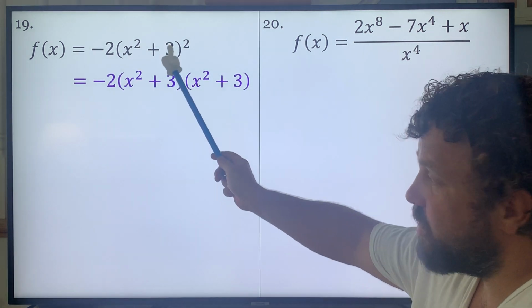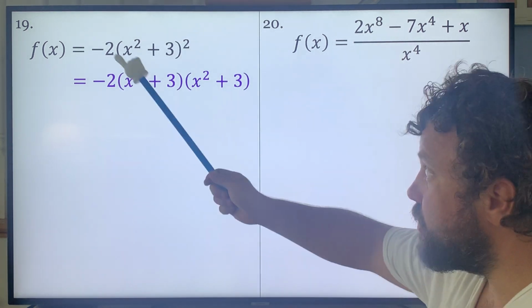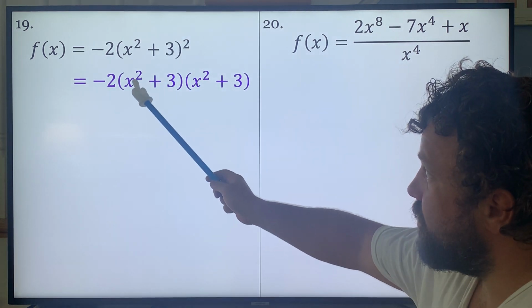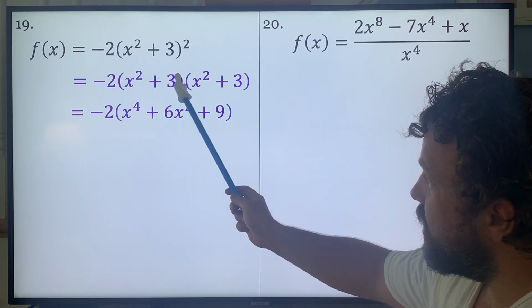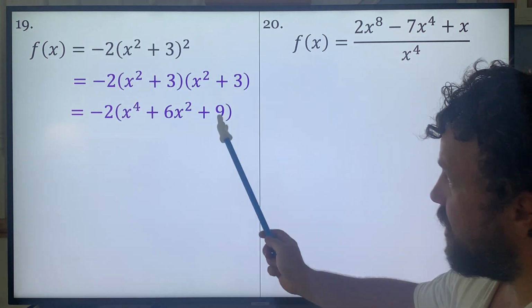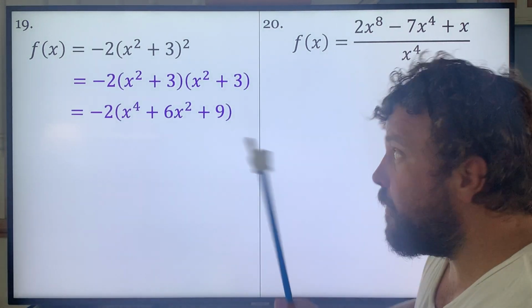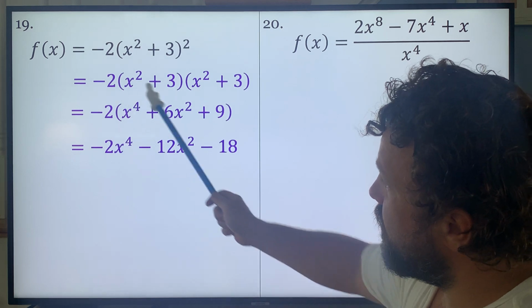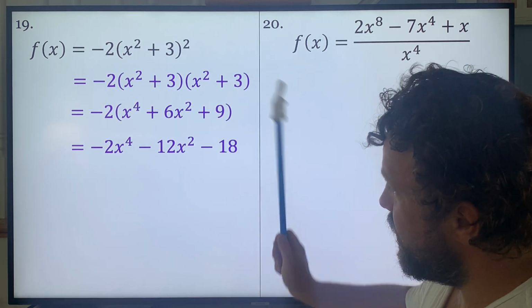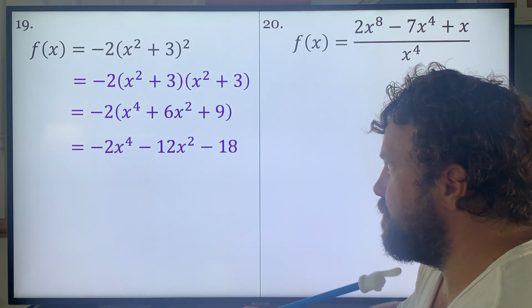A lot of people just square each one individually. Remember, you actually have to multiply the whole equation by itself. Now you FOIL. X to the 4th, 3x squared. 3x squared is 6x squared, 9. Now that you FOILed this part, you can distribute your negative 2. Negative 2x to the 4th minus 12x minus x squared minus 18.